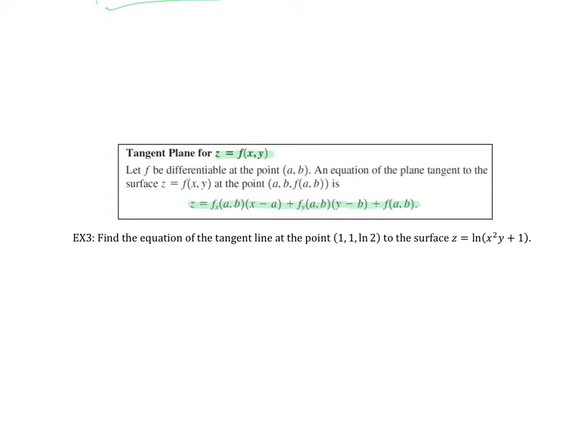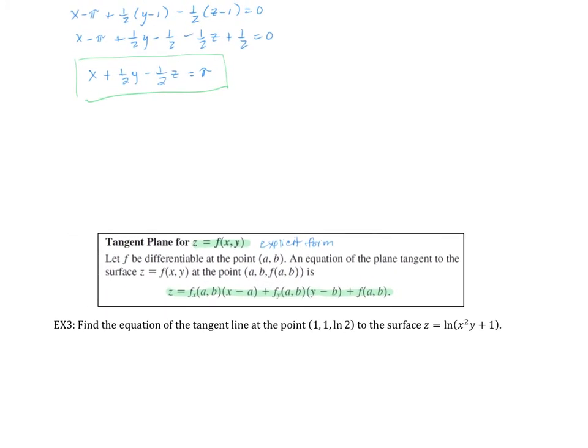Let's go ahead and look at this explicit form. And maybe I'll do this above here. I have some space. Notice that if z is equal to f of x, y, and I set this equal to 0, I have z minus f of x, y is equal to 0.